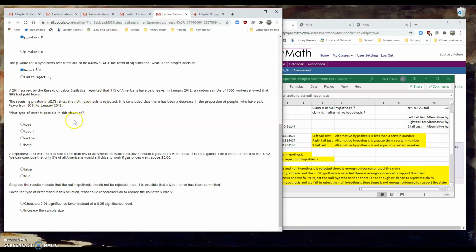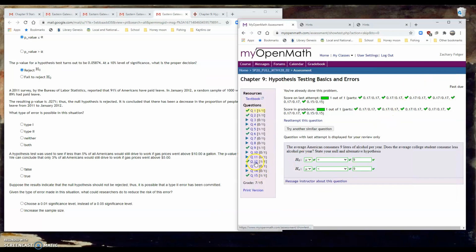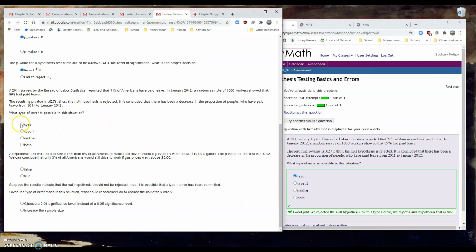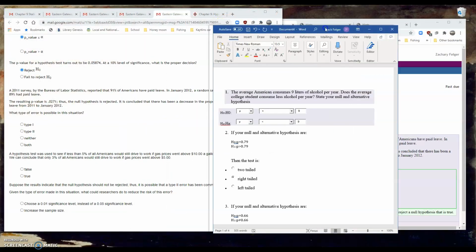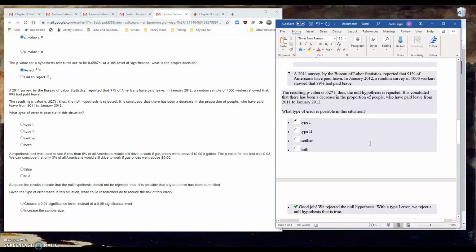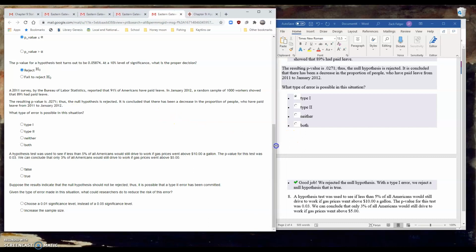Now moving on, I sent over some notes with this video to help you out with different types of errors doing these. But regardless, doing this problem here, we are looking to decide what kind of error this is. So I'm going to get some of these extra problems out to show you the different types of errors. So in this instance here, a 2011 survey by the Bureau of Labor Statistics reported that 91% of Americans have paid leave.